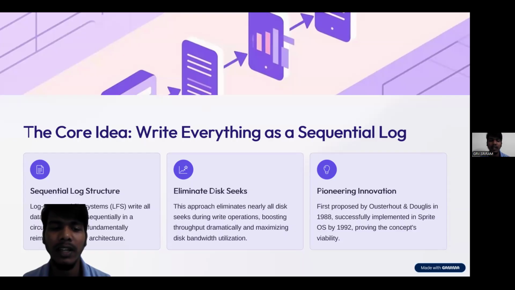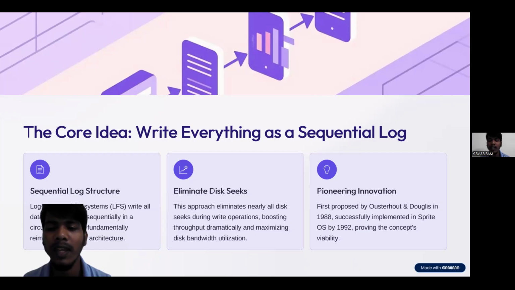It's fundamentally reimagining storage architecture. And when we talk about eliminating disk seeks, this approach eliminates nearly all disk seeks during write operations, boosts the throughput dramatically and maximizes disk bandwidth utilization.